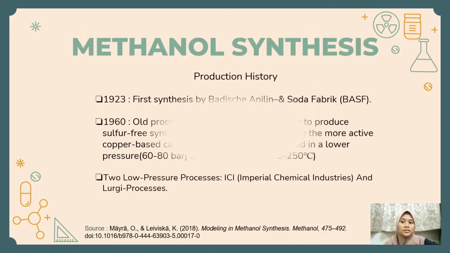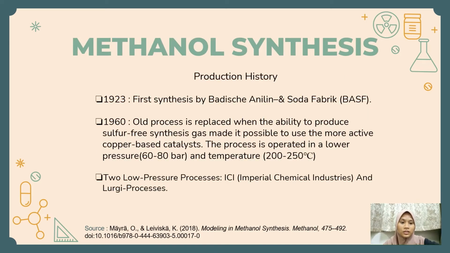Okay, next is the production history. The first production occurred in 1923 by BASF, and in 1960 the old process was replaced when the ability to produce sulfur-free synthesis gas made it possible to use more active copper-based catalyst.